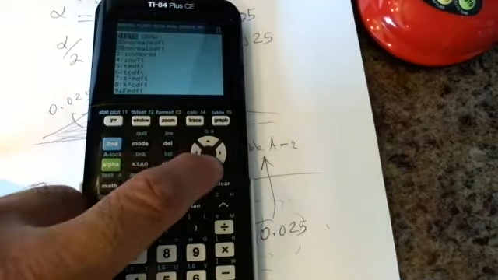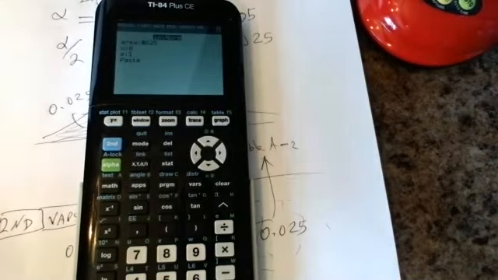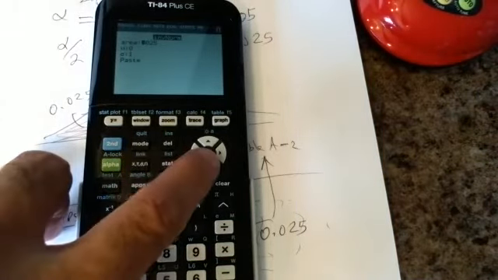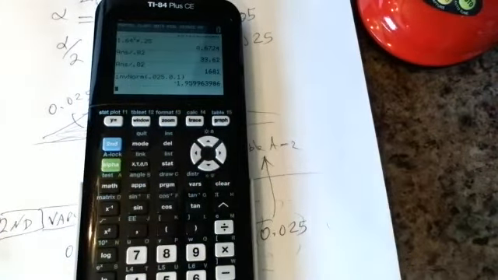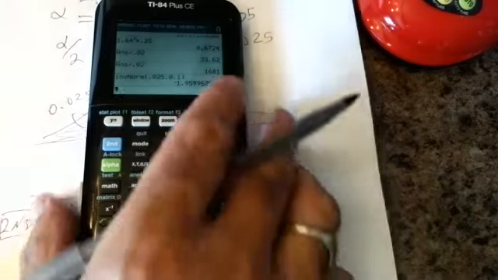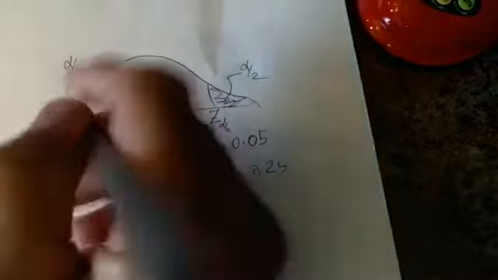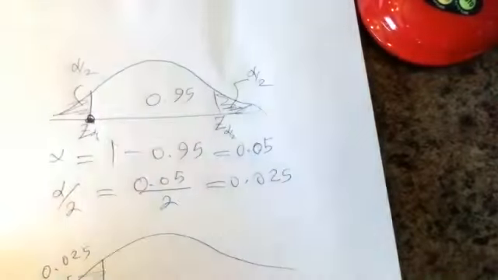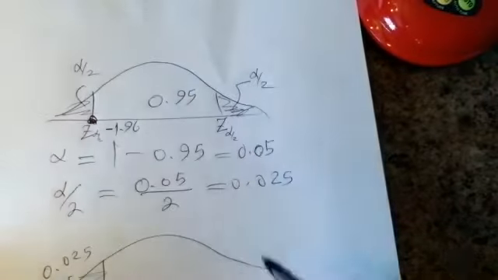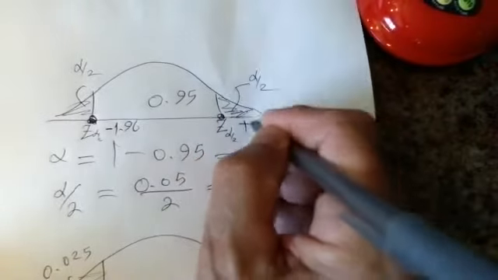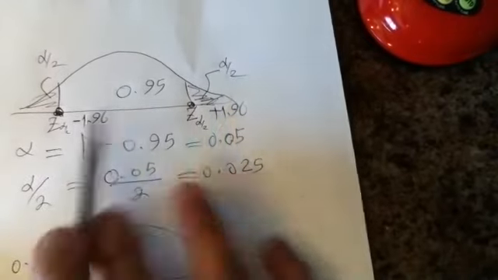Number 3 is inverse norm. You put that number, 0.025, I had it already. Minus 1.96, okay? So that means this point is minus 1.96, and the other one is just positive 1.96. So all I need to do is find one of them, which is negative, and the other one is positive, okay?